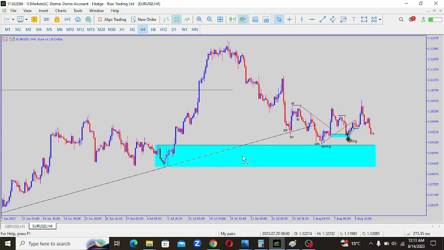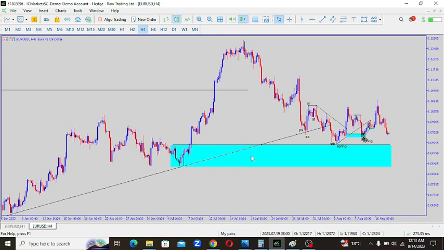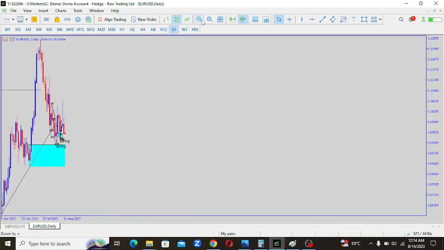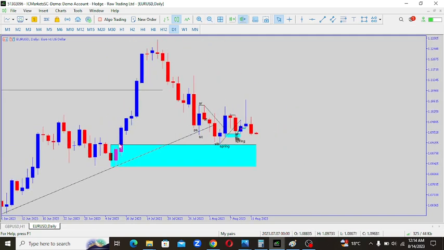So you see, we have a nice uptrend, and we have a manipulation of this trend line. This point of interest was based off of this daily structure.